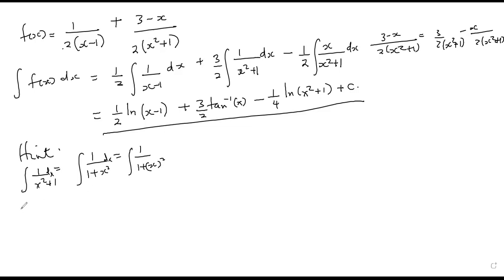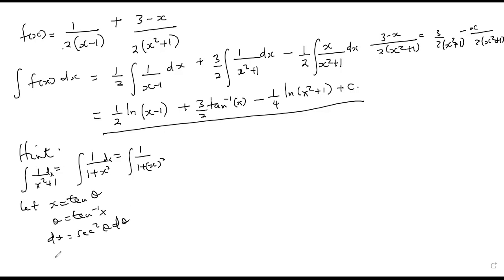Then we say that we let x be equal to tan theta, meaning that if x is tan theta, then our theta is tan inverse of x. And then our dx here is equal to sec squared theta d theta.